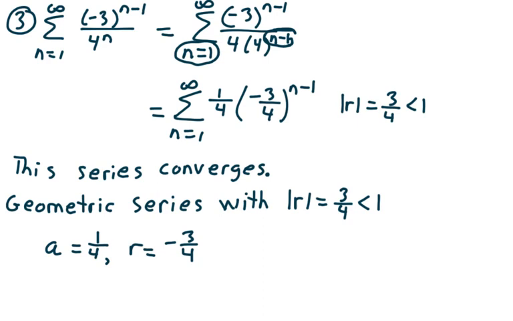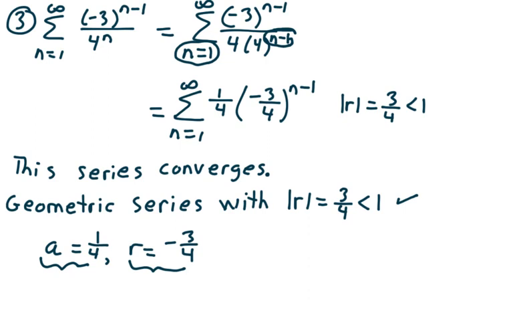The absolute value of r is equal to 3/4, which is less than 1. The series converges. It's a geometric series with the absolute value of r equal to 3/4, which is less than 1. Now, to find the sum, we know that a equals 1/4 and r equals negative 3/4.